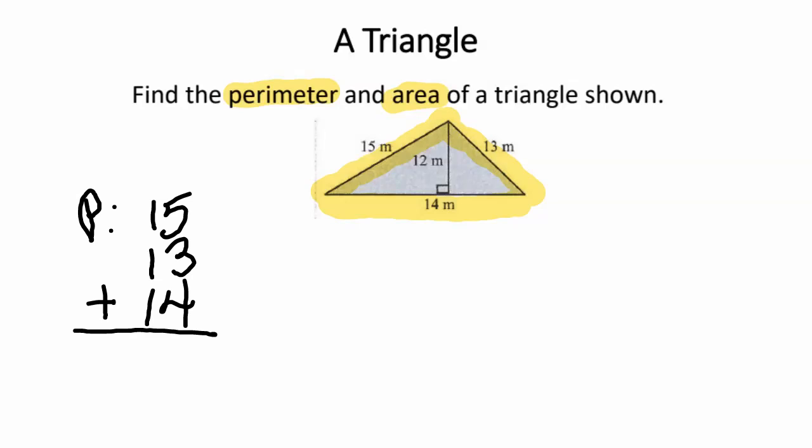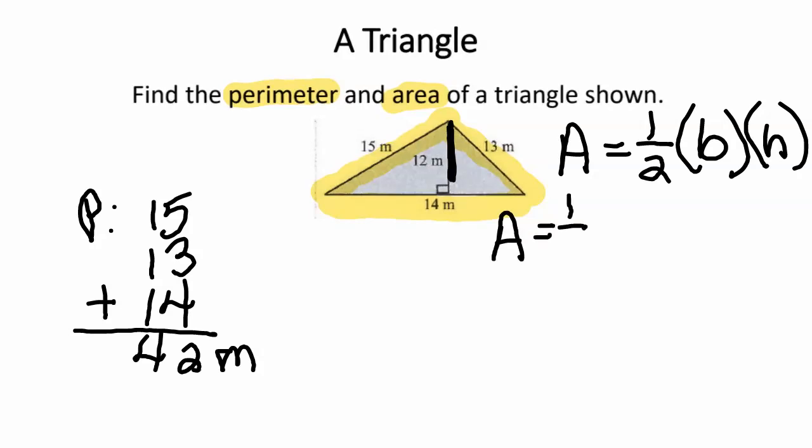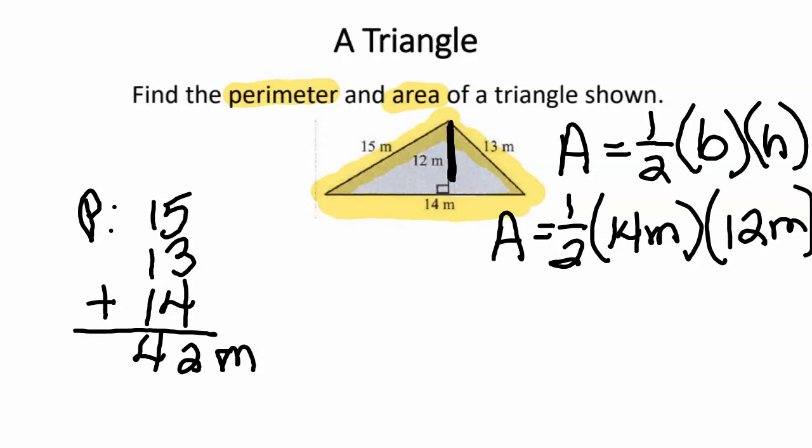And this will give me 242, and this is meters. Now, the area is a formula of 1/2 the base times the height. Now the height is this thing in the middle. So this area is equal to 1/2 times 14 meters times 12 meters.